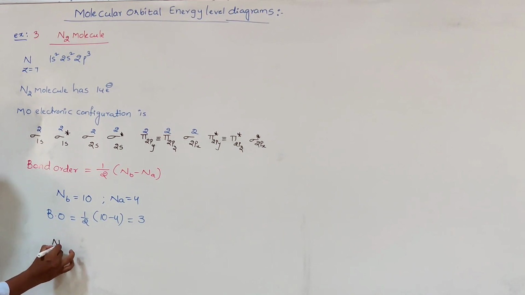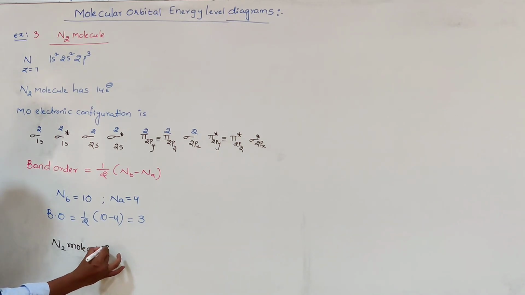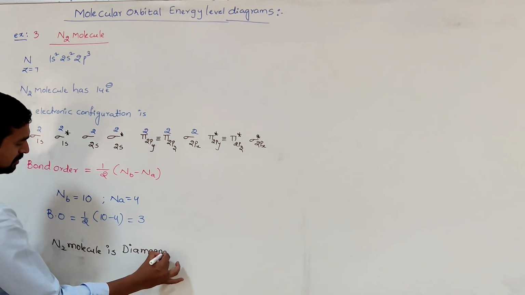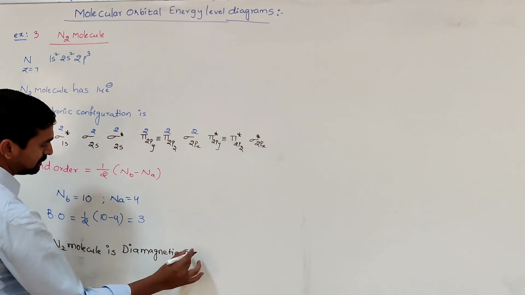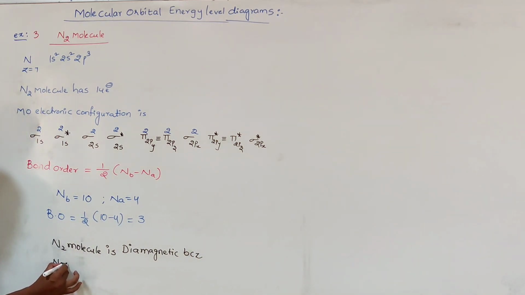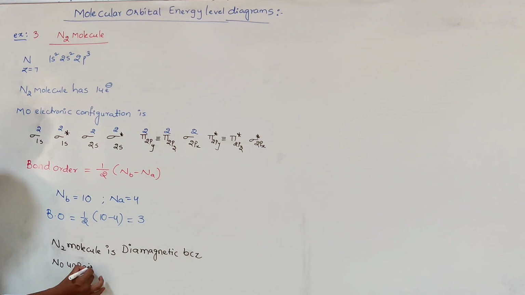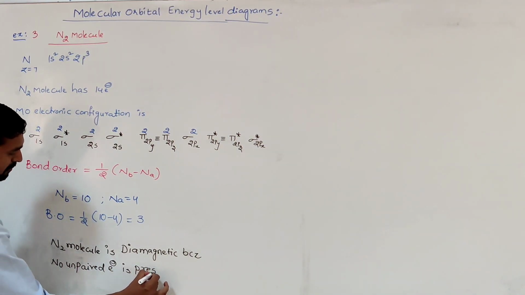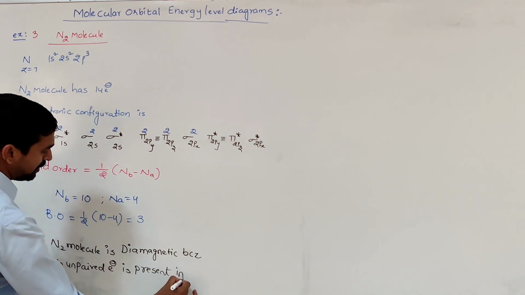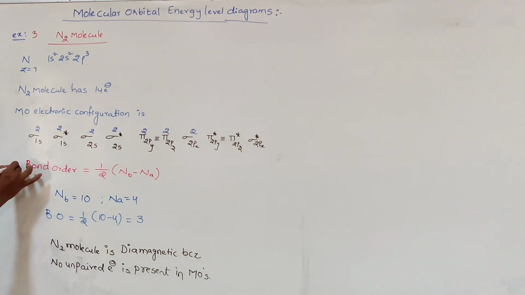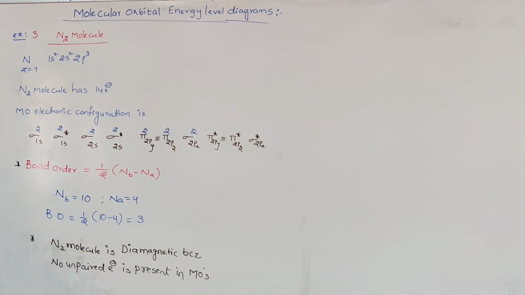So that's why the nitrogen molecule is diamagnetic, because no unpaired electron is present in molecular orbitals. Like that we can predict the bond order and magnetic property.